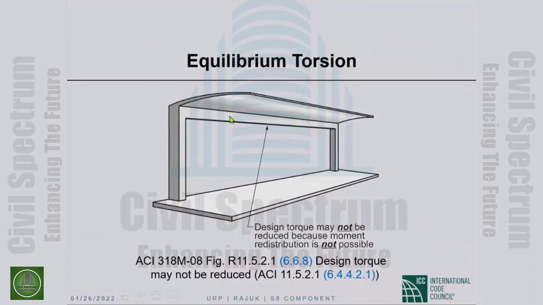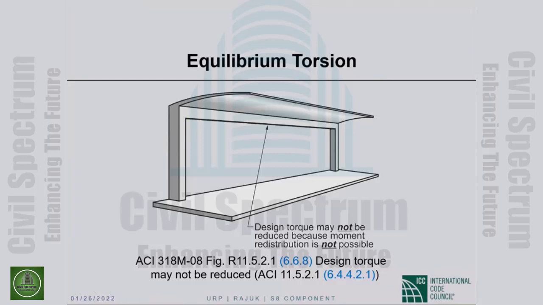And that torsion keeps the loading on the slab in equilibrium. There is nothing else. So if we don't design that beam for that torsion, then there will be collapse of the slab. There will be failure of the beam leading to the collapse of the slab.